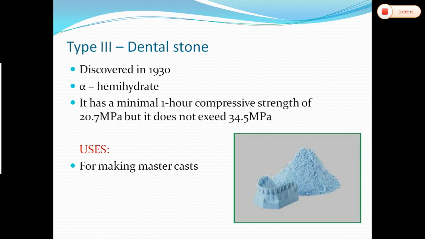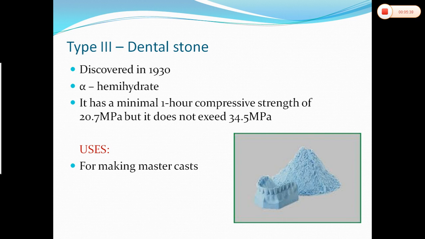Type 3, dental stone. See, this is green in color. Dental stone was discovered in 1930. It is an alpha form of hemihydrate. It has a minimal 1 hour compression strength of 20.7 megapascal, but it does not exceed 34.5 megapascal.